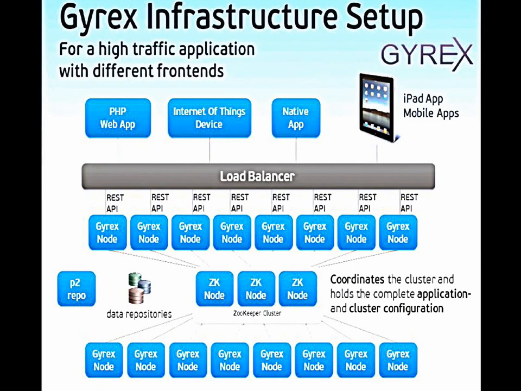Then we have a bunch of nodes that communicate with each other through the Zookeeper cluster. We have P2 repositories where we deploy new software updates, and then every node in the cluster picks them up. We have many different P2 repositories.